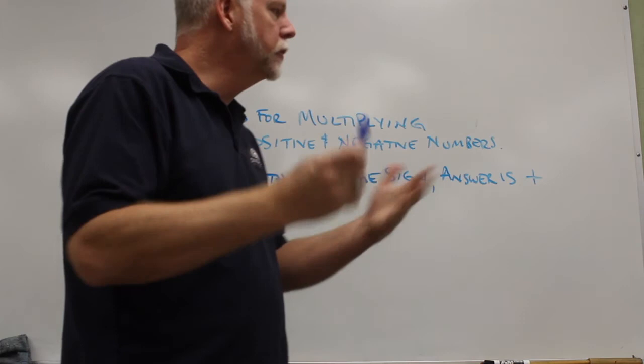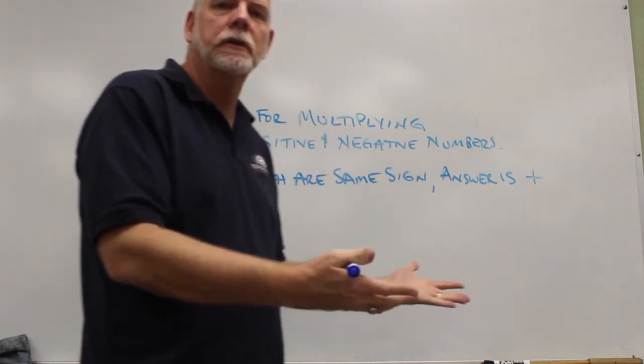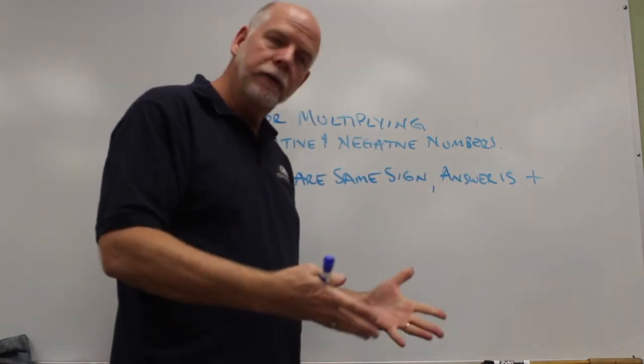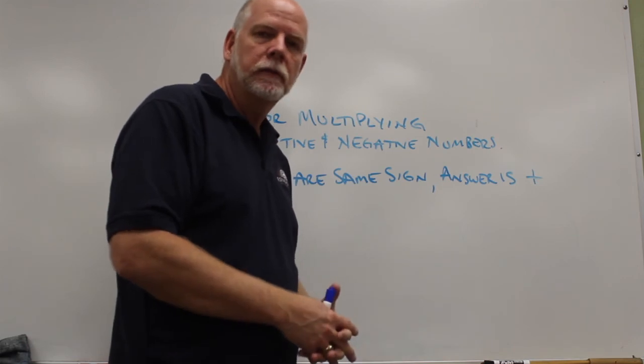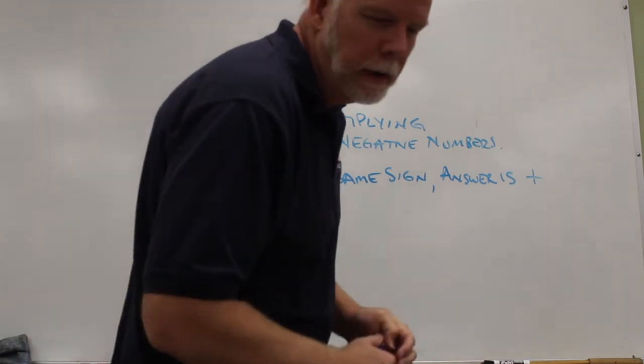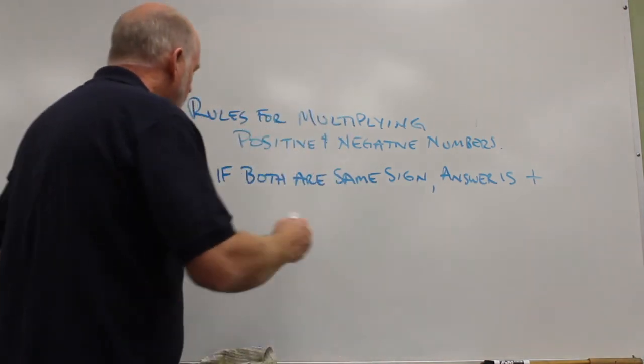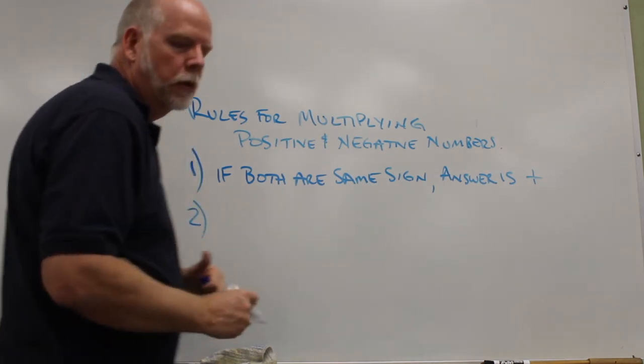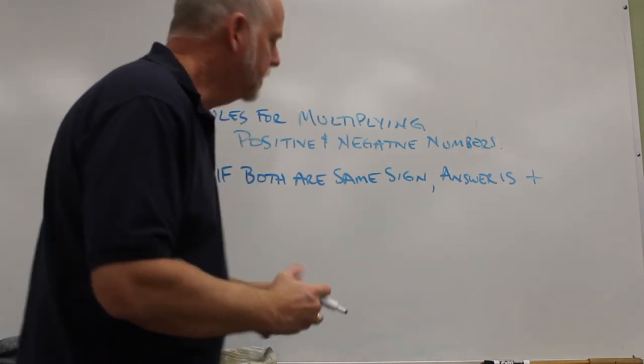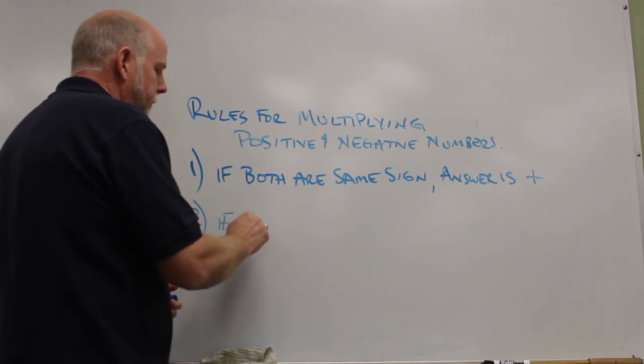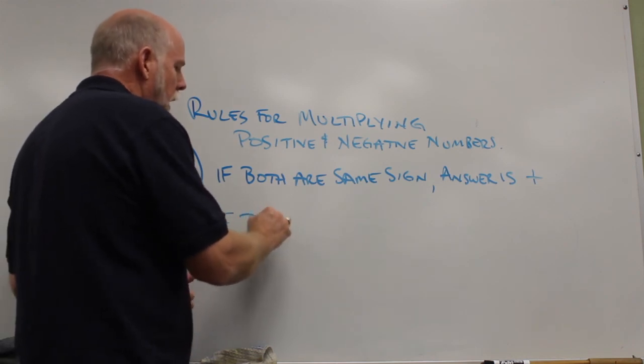Okay? So if you're multiplying two positive numbers together, you get a positive answer. If you are multiplying two negative numbers together, then you get a positive answer. It always works that way. All right? And then our other option, of course, would be if they are opposite signs.